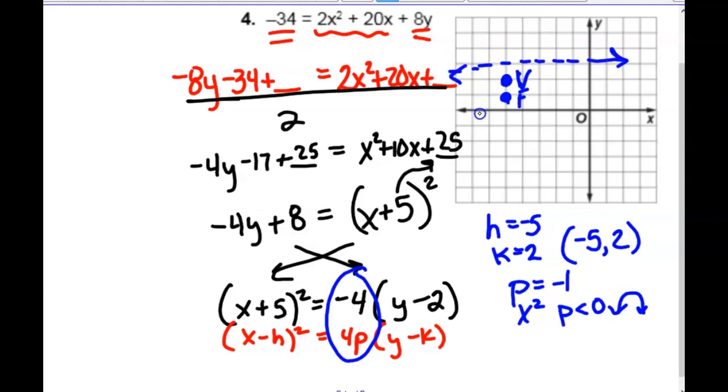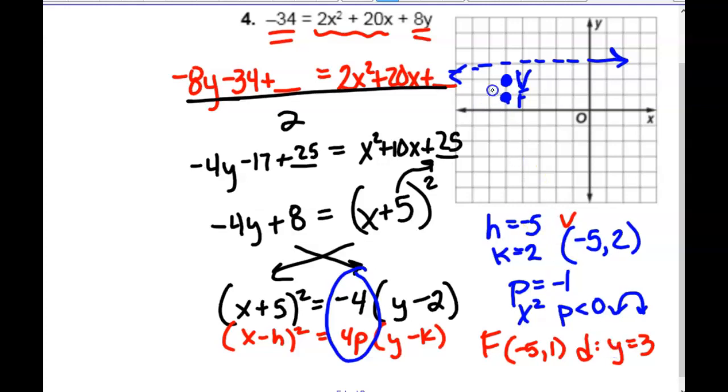Everybody good? I just used the concepts, not the recipes, so what is the, this was the vertex. The focus is at, and the directrix. Okay, could use the recipes to find those for sure.